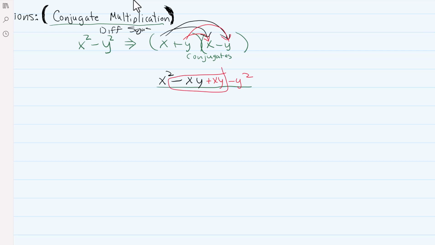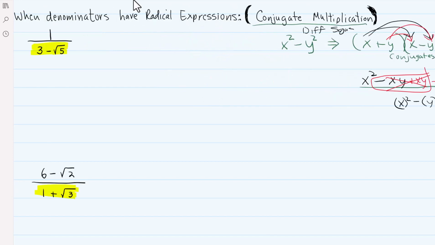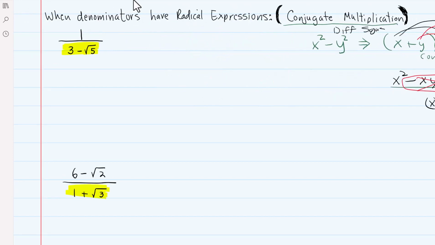When you multiply by conjugates, the middle terms cancel, and what you're left with is the first thing squared subtract the second thing squared. That's what happens every time you multiply by conjugates. So that's the method that we're going to use to simplify this. We're going to multiply by the conjugate so we can get rid of that radical.